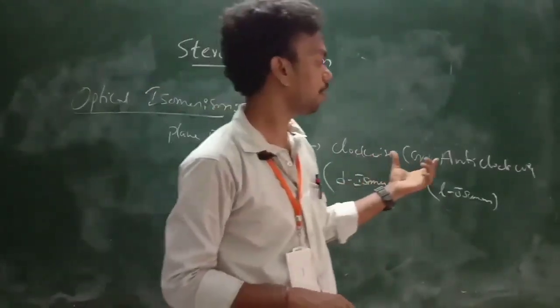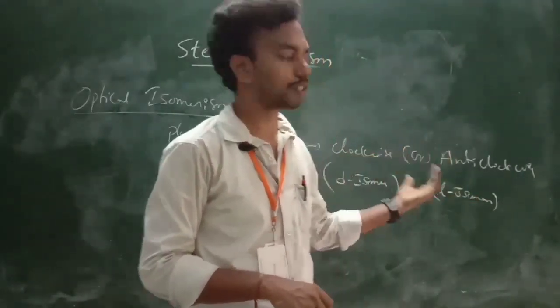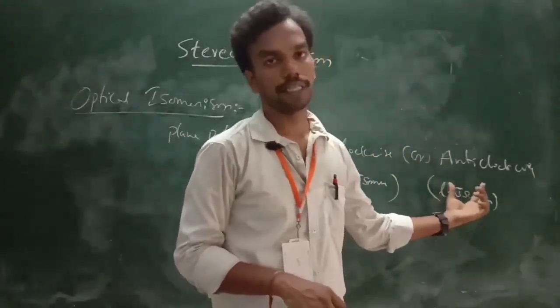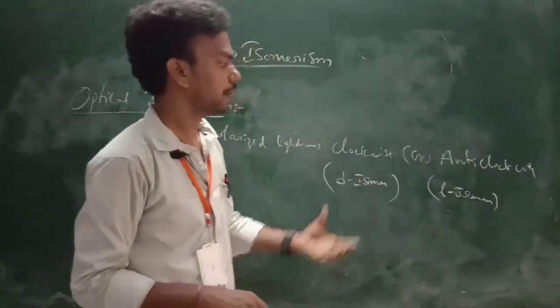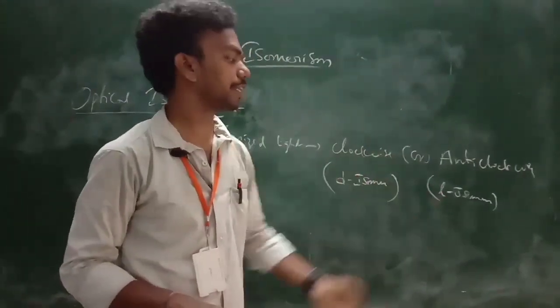If the complex compound rotates plane polarized light towards the left, that is anti-clockwise, that is the left-hand side, then we get the LEVO isomer, right?